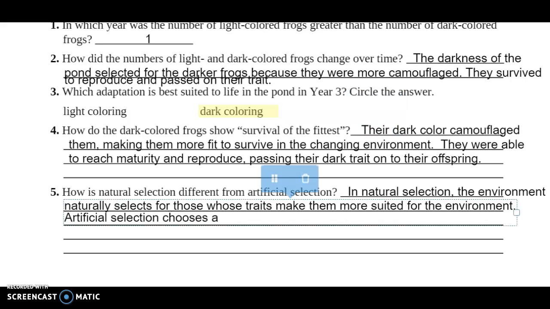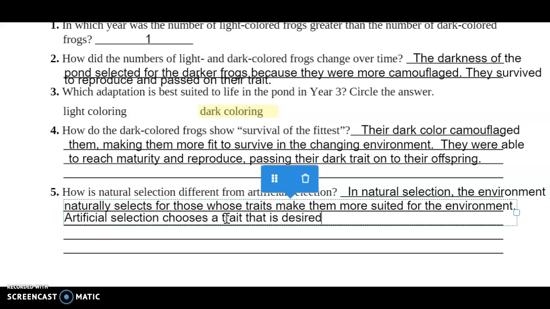So how is natural selection different from artificial selection? In natural selection, the environment naturally selects for those whose traits make them more suited to the environment. Artificial selection, someone chooses a trait that is desired for other reasons.